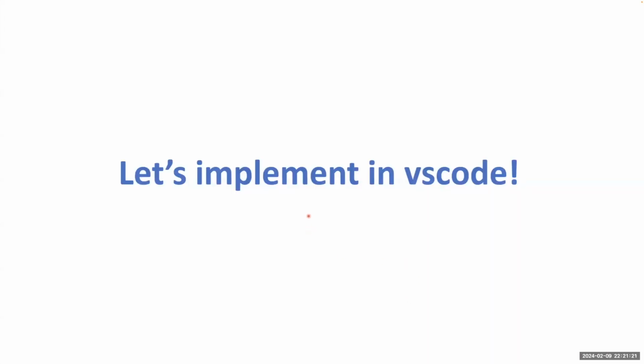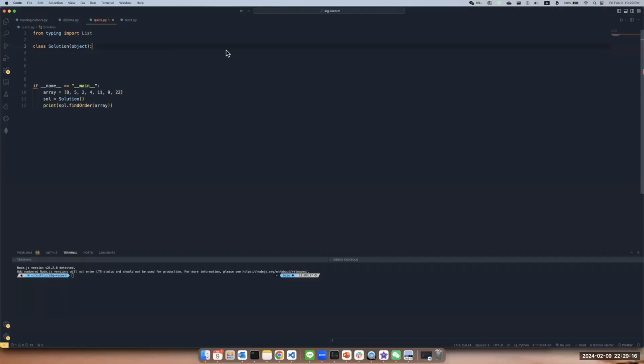And now let's implement it in VS Code. So this part is about the quicksort code. First, we have to write our main function. Let's find the sorted order, and the input is a non-empty array.